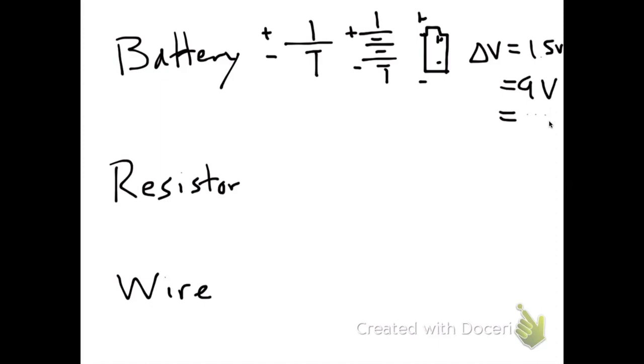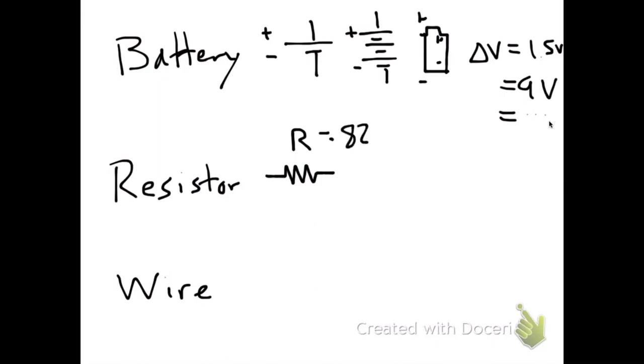Then we talked about what happens when current flows through a material that's not a perfect conductor. We call that a resistor, and we draw that symbol as a squiggly zigzag line. That's supposed to represent that things are going to have a hard time flowing through it, I guess. And the resistor is labeled with its value R, its resistance, which is maybe some number of ohms.